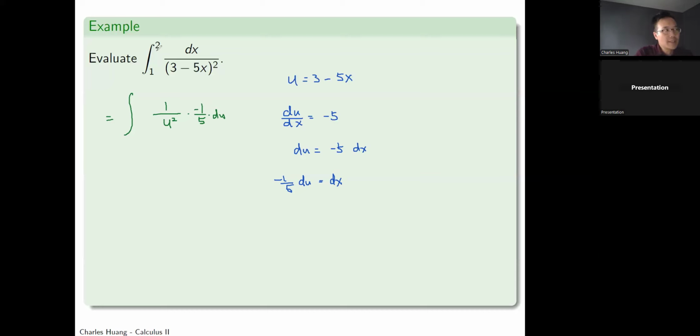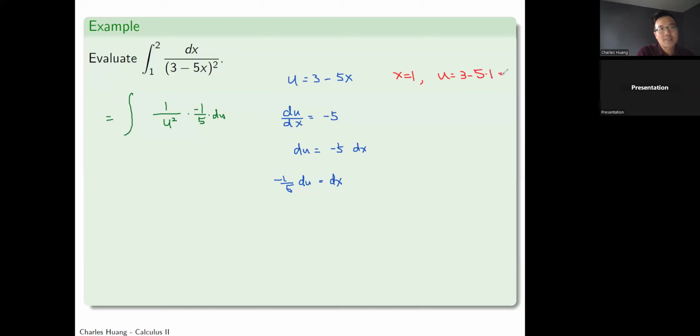What we like to do is find out what x equal to 1 and x equal to 2 are in terms of u. So we'll do that on the side. Something that is new for this section: if x is equal to 1, then u is equal to 3 minus 5 times 1, right?